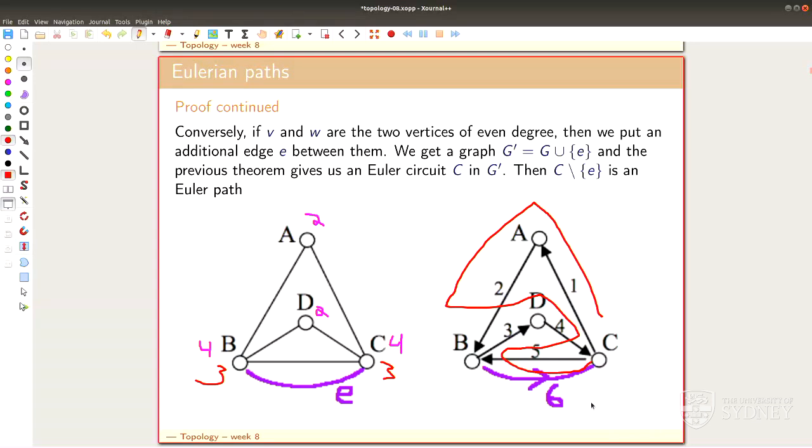It starts at C, and I know the existence of a closed one by the previous theorem, but I can get rid of the edge again, and I get a path that starts here and ends here. So it's really just an application, a little bit of a smart application of the previous theorem. You just add an edge between the two vertices in question. Okay, let me go back to Königsberg.